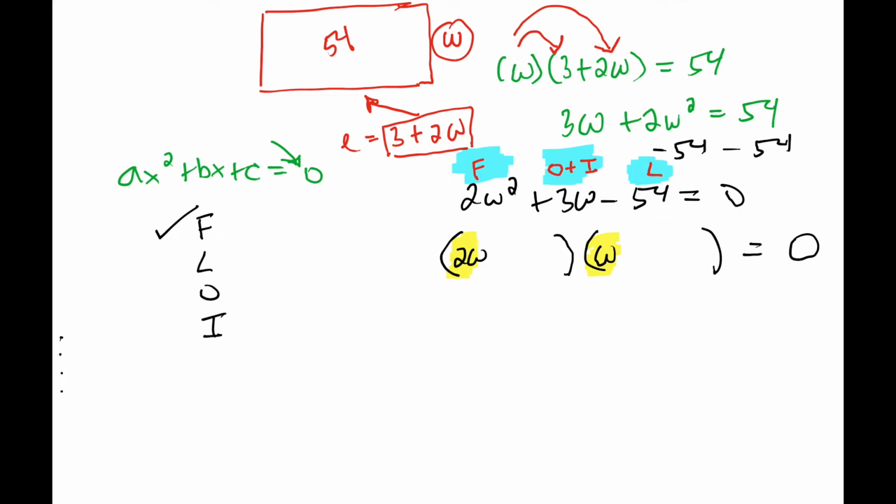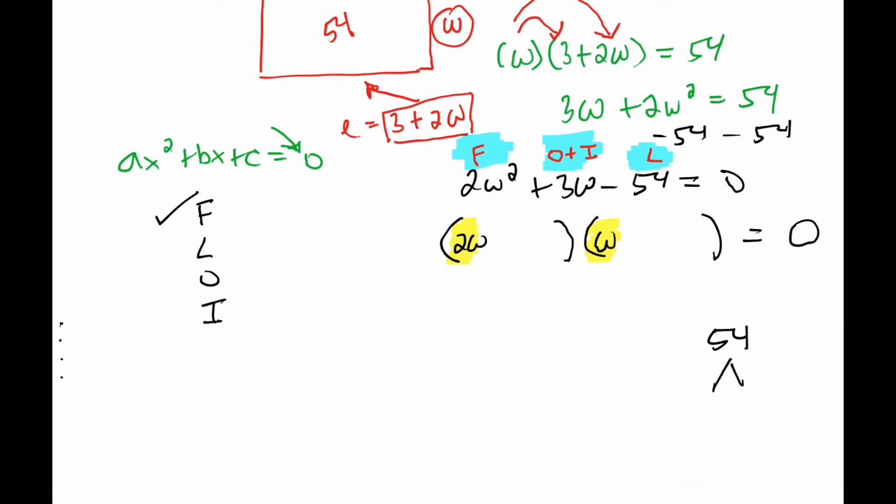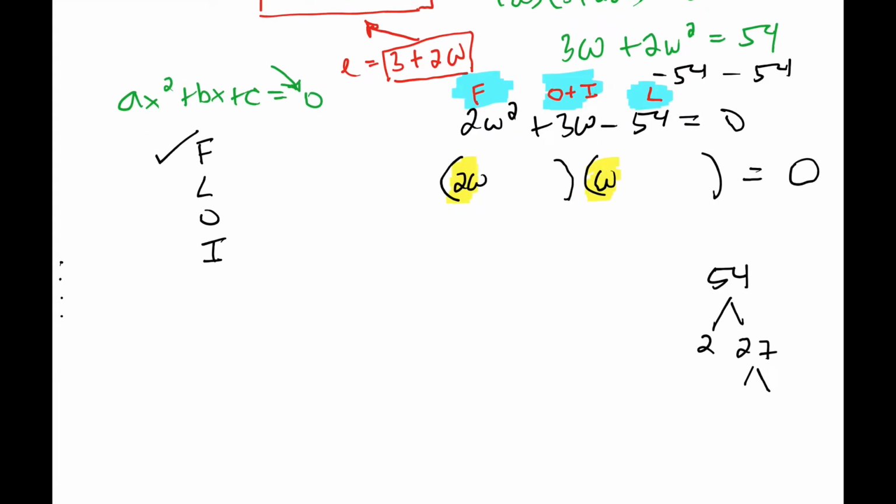You could chop it by two, go 2 and divide by 2 in your calculator. Then chop 27, 3 and 9, and then 3 and 3. Okay, then go ahead and try your options, what multiplies to get you 54.